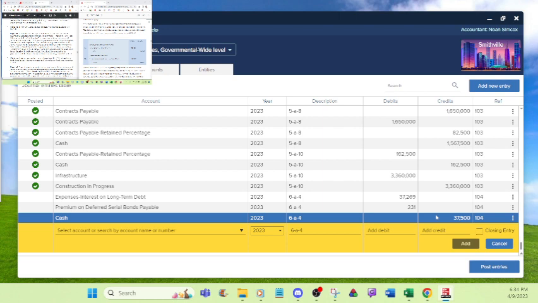The full interest payment less the amortization of the premium. That's exactly what I just did. That's what I just did.